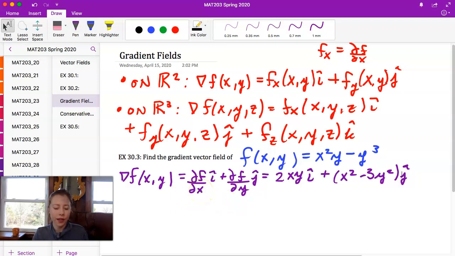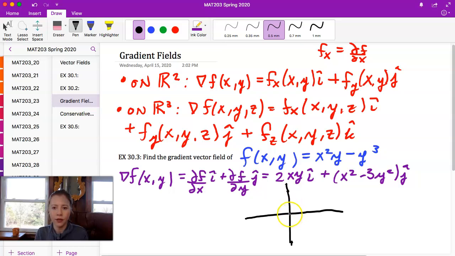So let's try to plot this out. Let's sketch what we think this vector field might look like. So what happens at 0, 0?